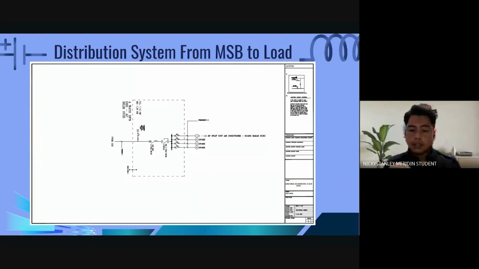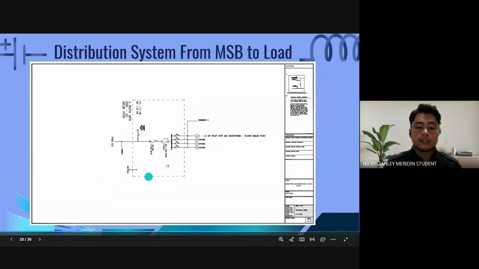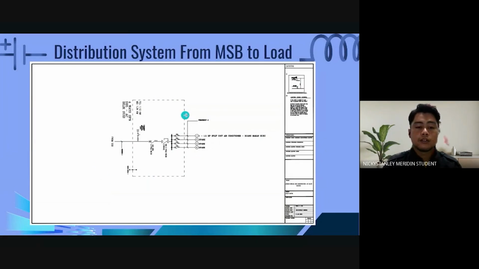But if it is more than 10 kV, automatically we use 3 phase. So in our case, our MD does not exceed 10 kV, so we just use single phase, because here you can see we have just one icon, so it would be a problem for us to do load balancing when we use a 3 phase system.